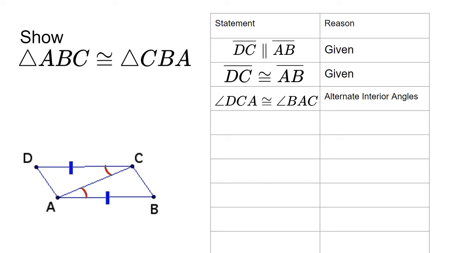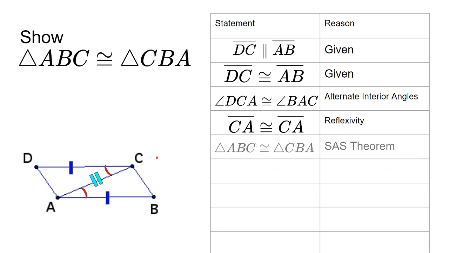Where are we going with this? We're going to do side angle side because we know that line segment CA is congruent to line segment CA because of the reflexive property. That's great because then we know we're trying to show the triangles are congruent this time, and that does indeed show up by the side angle side theorem.